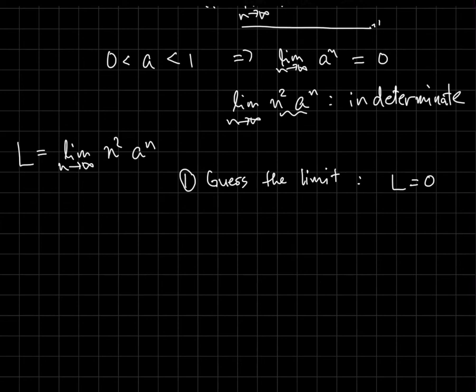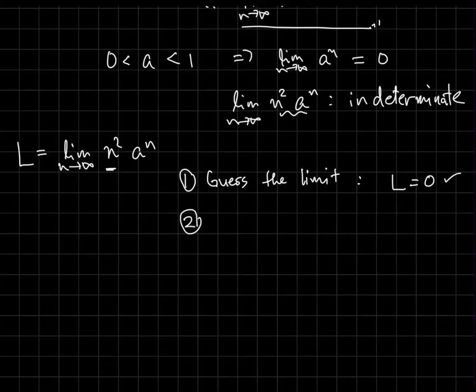However, we only have 2 factors of n squared. And so you have 2 factors of n squared, and you have n factors of a. And it is rather intuitive to think that the a to the n will overpower your n squared. And so that's why the guess is that L equals 0.